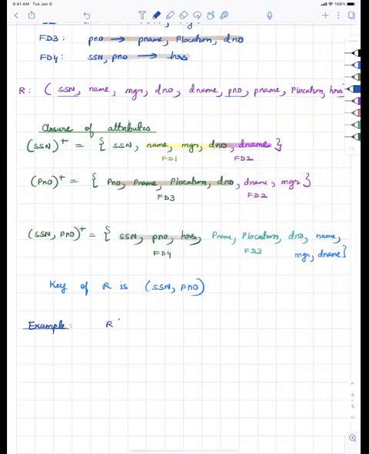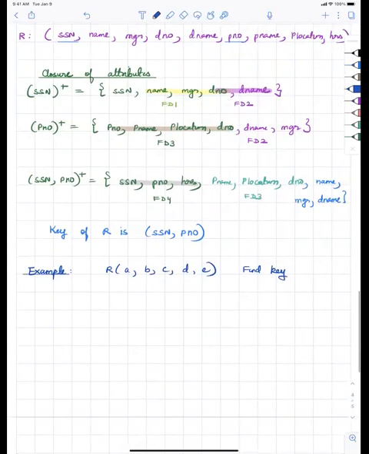Okay, so let's say we're given this table R, A, B, C, D, E, and you have to find the key. And you're given the following functional dependencies. You're given that D determines B, AB determines C, and AE determines D. So I would like you to find the key for this particular table.